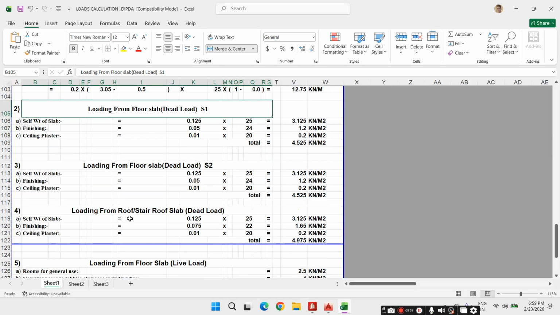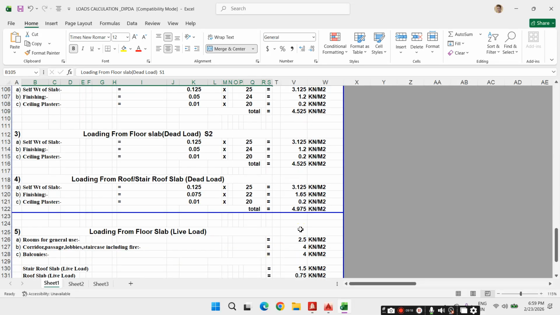Also for the roof slab, in this case, the 75 mm finishing, roof treatment, is 75 mm, 22 unit weight, so it is 1.65, and ceiling plaster 10 mm, and here 4.975 per square meter.